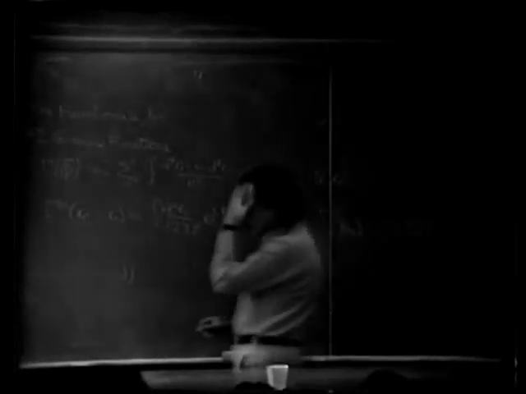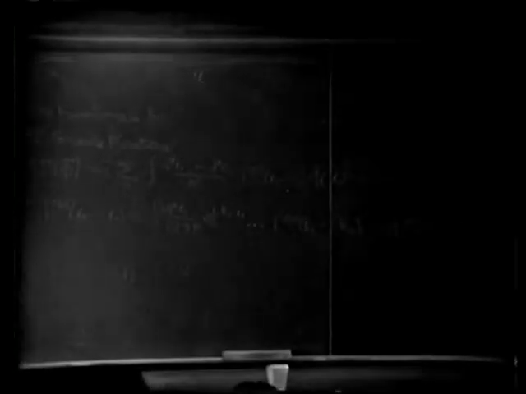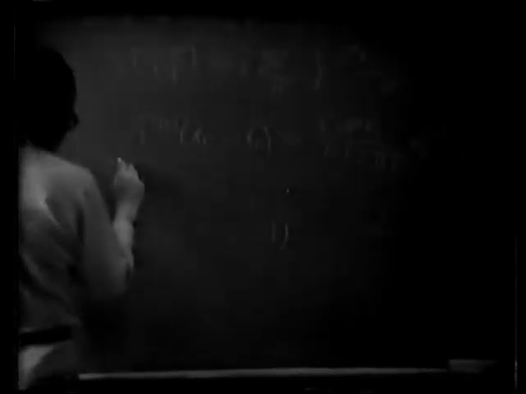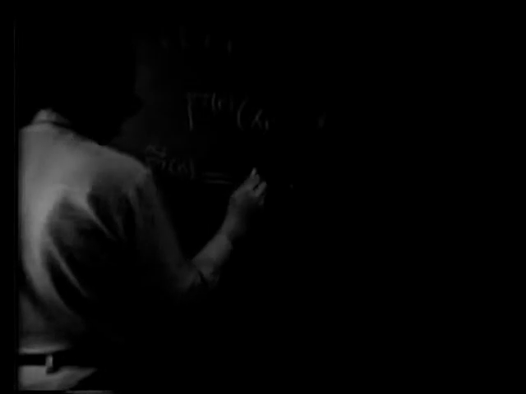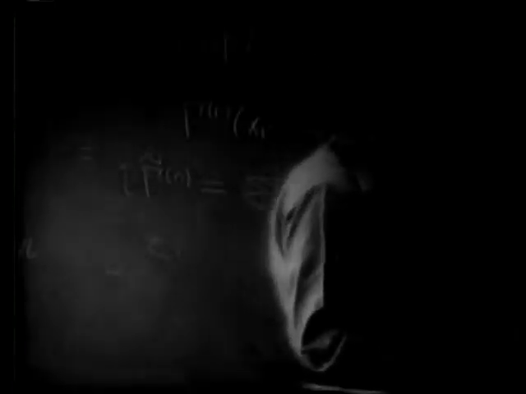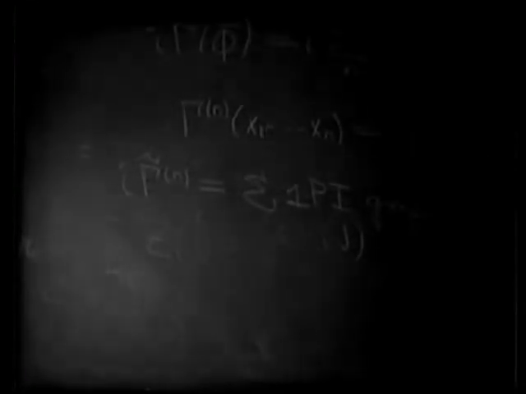Now, I will define gamma n twiddle in the following way. i gamma n twiddle equals the sum of one particle irreducible graphs with all of our usual conventions. No energy momentum conserving delta functions, no propagators on the external lines, just as before.